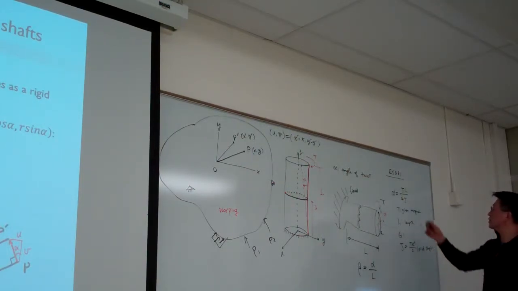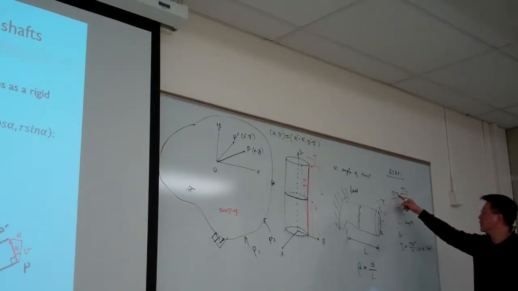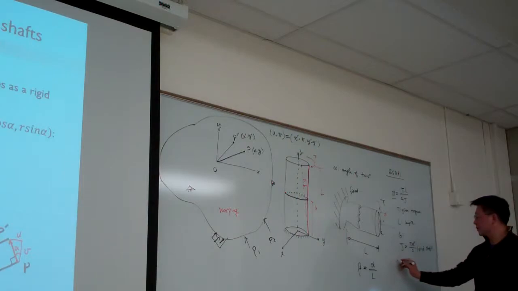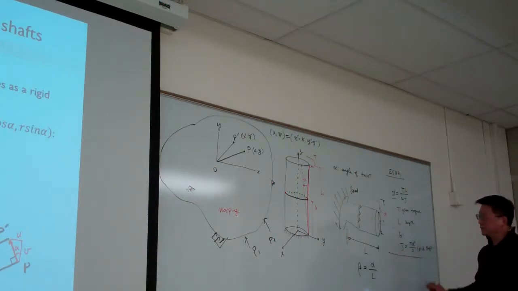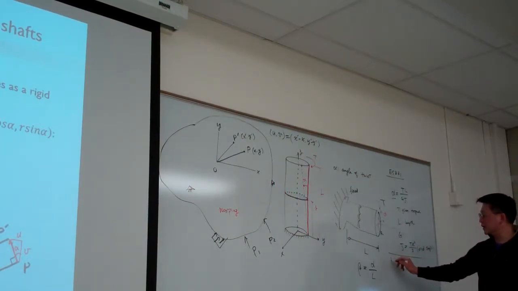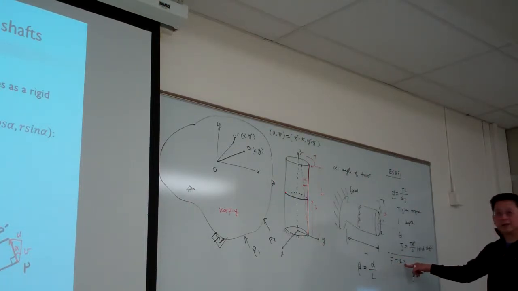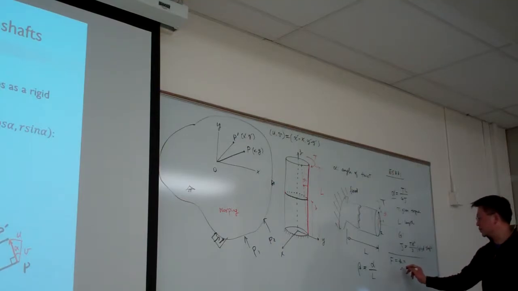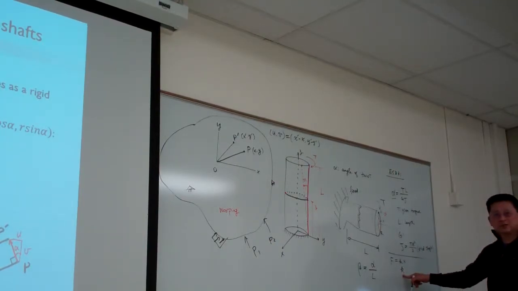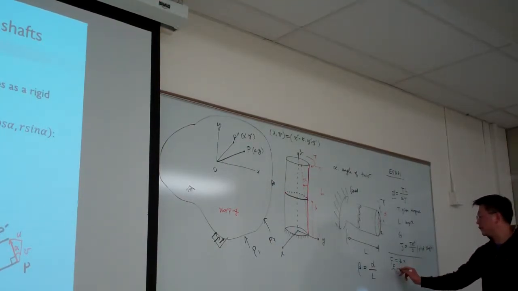Here you can see alpha is the deformation and T is the torque. By Hooke's law, F equals Kx, where F is the loading and x is the corresponding deformation, so the spring constant equals F over x.